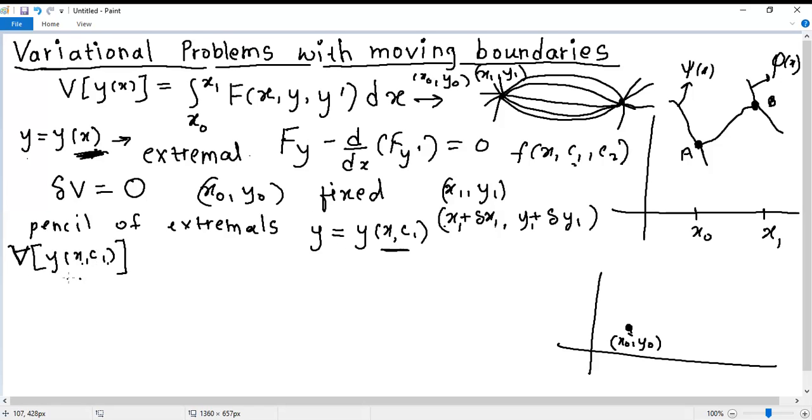If we evaluate this v only on the curves of this pencil, then this functional is reduced to a function of x1 and c1. So we will look at only such extremals.